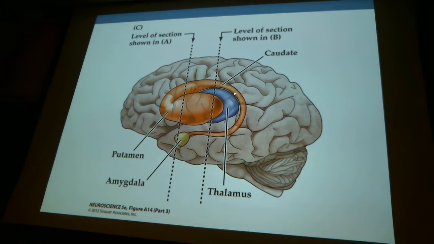So this whole yellow tail here is the caudate. It terminates in the amygdala, which we'll talk about in another lecture, and nestled underneath the tadpole is the thalamus. So let's do a cutaway view. We're going to cut through here in two positions and look at a coronal section.